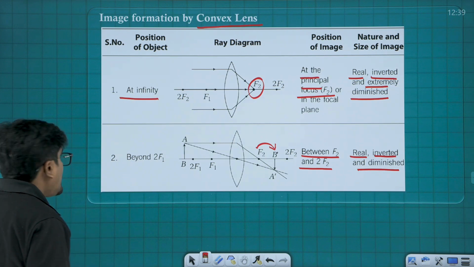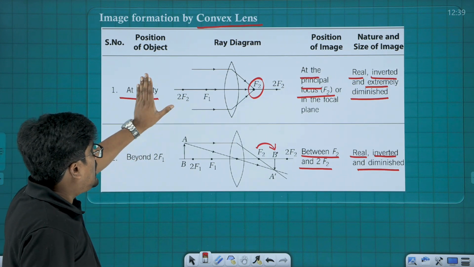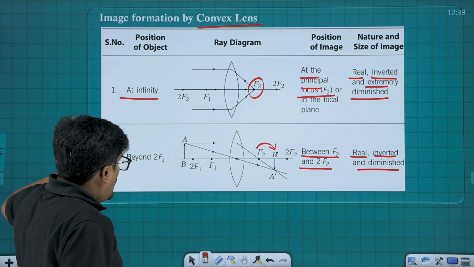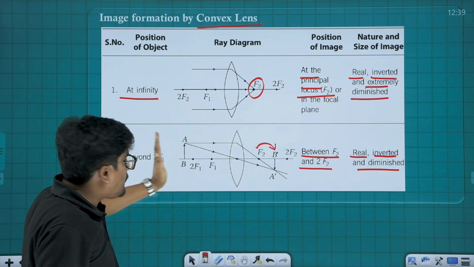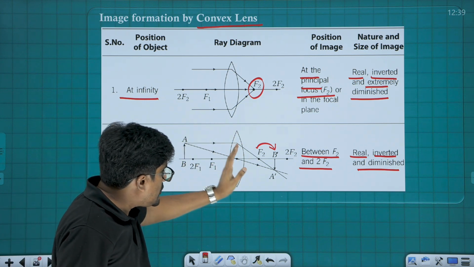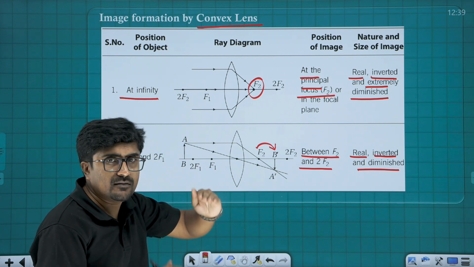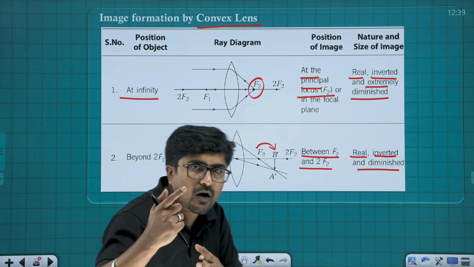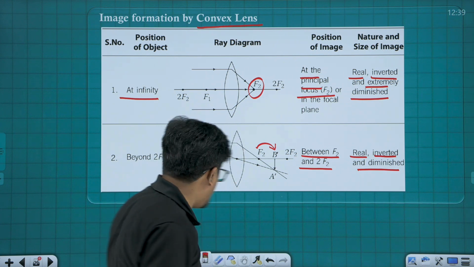Just try to understand the thing. Once the object was at infinity, the image was extremely diminished. As the object comes in the forward direction, the image moves in the backward direction and the size increases. You can connect this with the image formation of a concave mirror, isn't it?